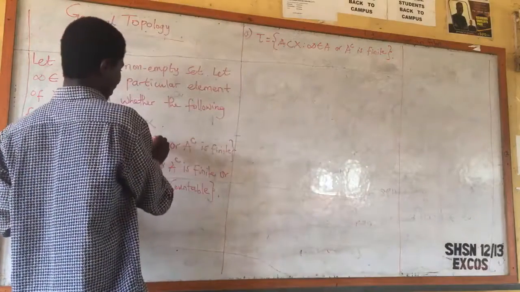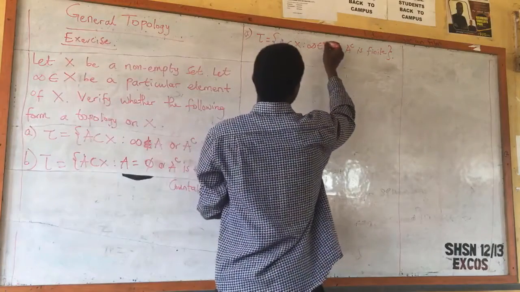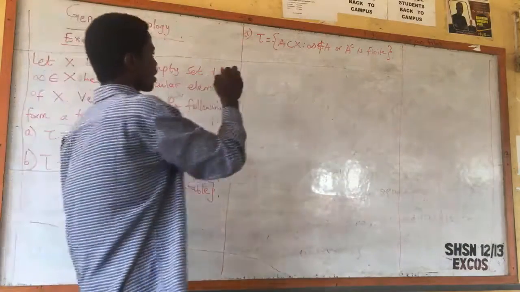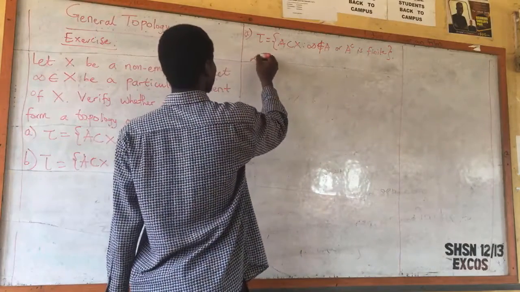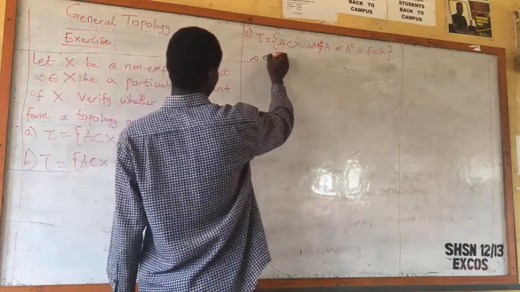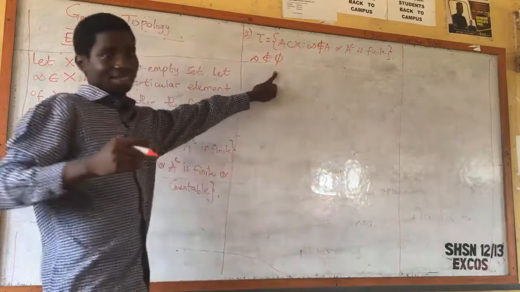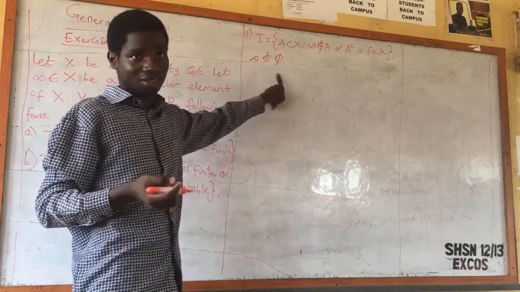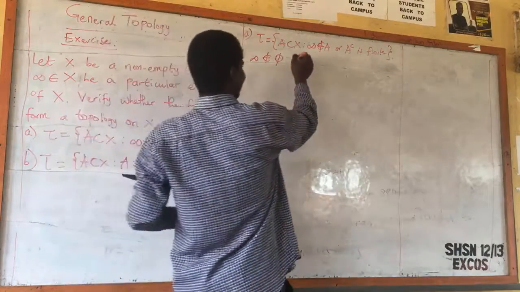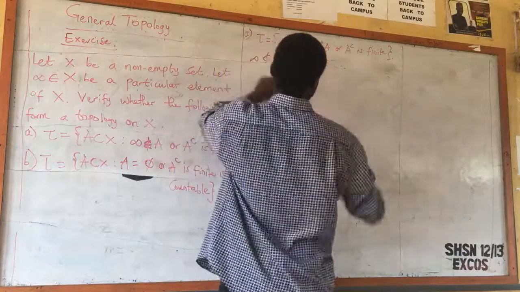There's a mistake here; this symbol means it's not a member. So now the empty set: infinity, this particular element of X, is not an element of the empty set, because the empty set is empty. No element is in the empty set. So because infinity is not in the empty set, it means that the empty set is a member of the topology.